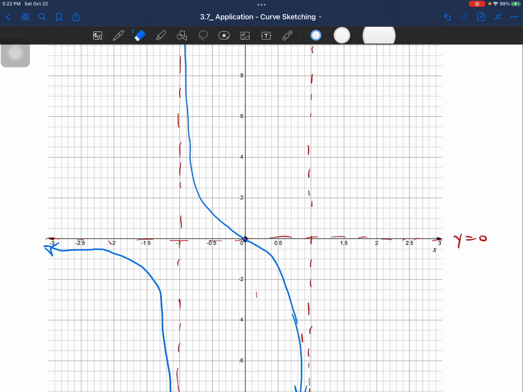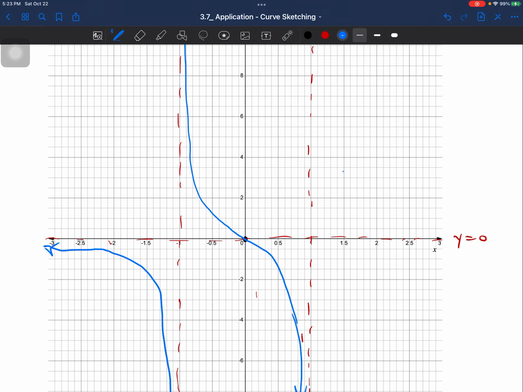And then lastly here, same thing. This needs to be decreasing and concave up, like this.